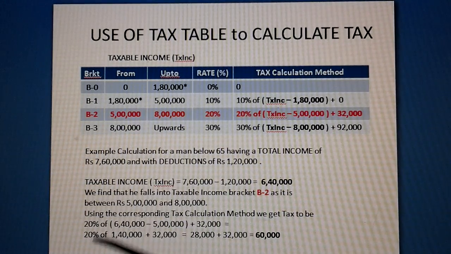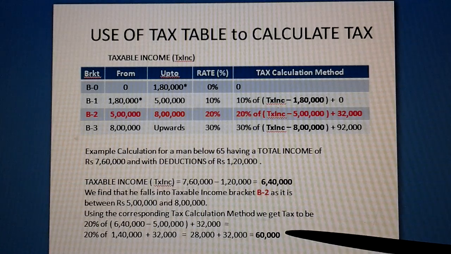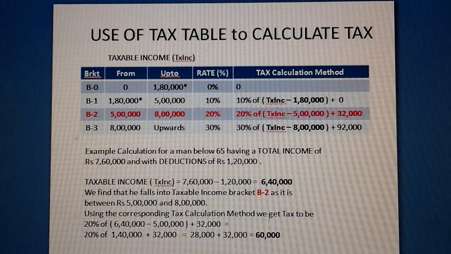We find that that's 20% of 1,40,000 plus 32,000. 20% of 140 is 28,000, and the 32,000 for all of the income below 5 lakhs. So it gives them a total tax of 60,000.